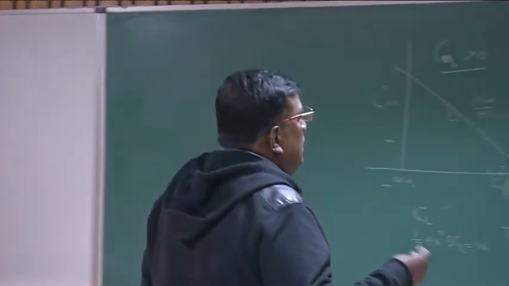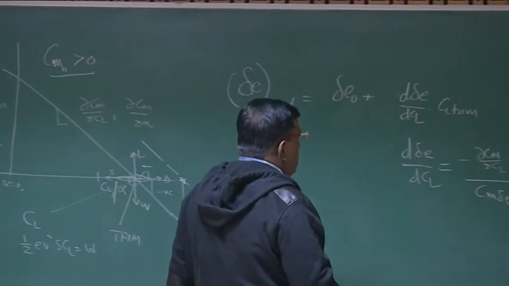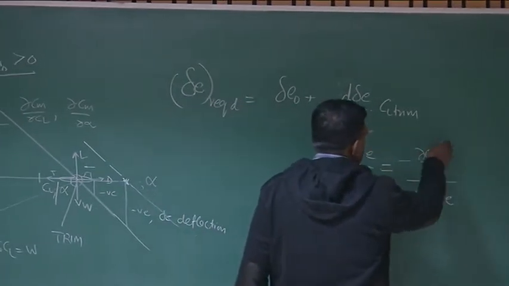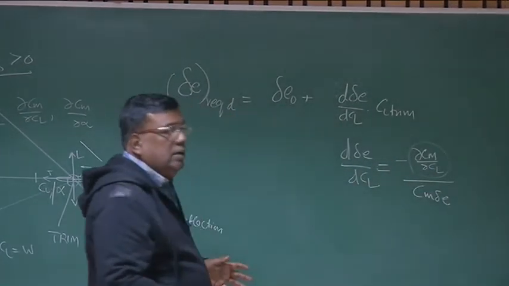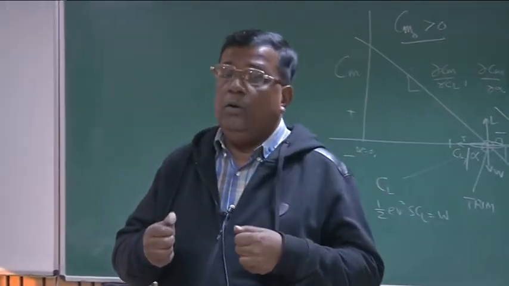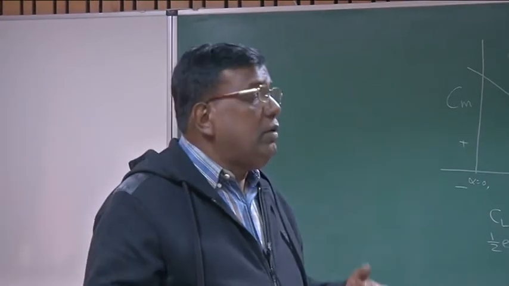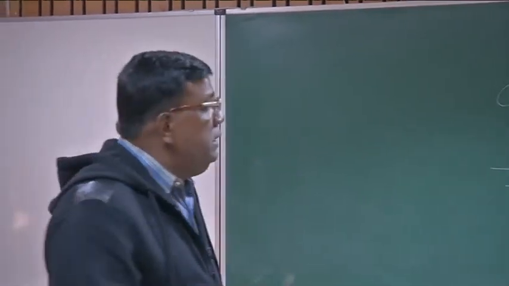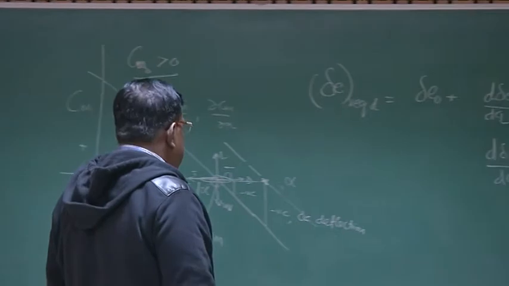So that is why this dCm by dCl is a priori designed in such a manner that all these deflections are physically possible, either directly through the pilot, as in older, smaller aircraft, or through actuators and boosters, right? This is the understanding.